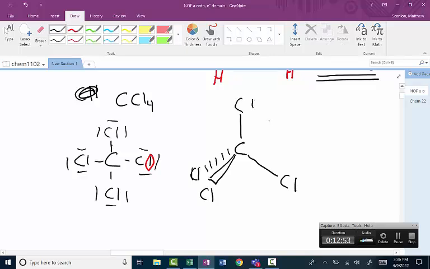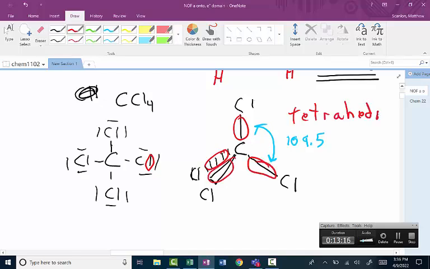And again, our bond angle between all chlorines is 109.5, and this is the tetrahedral domain. And it is tetrahedral because I have 4 electron groups in here, all with an atom. I am not going to make you name the domain. You're only going to do the shapes of the atoms.